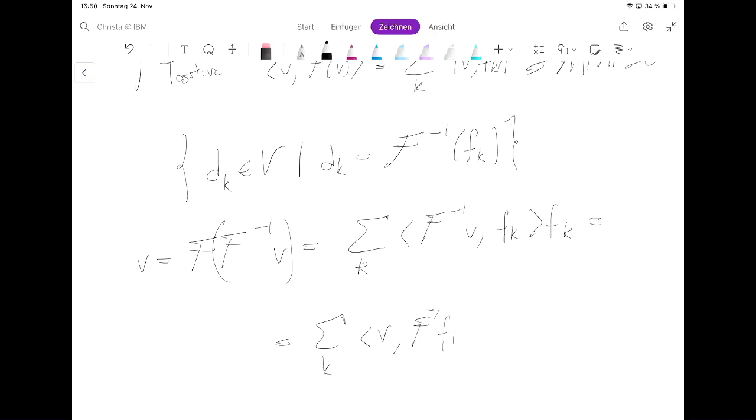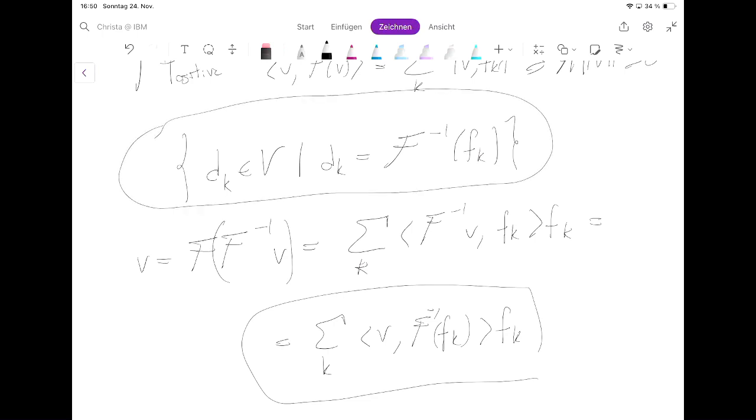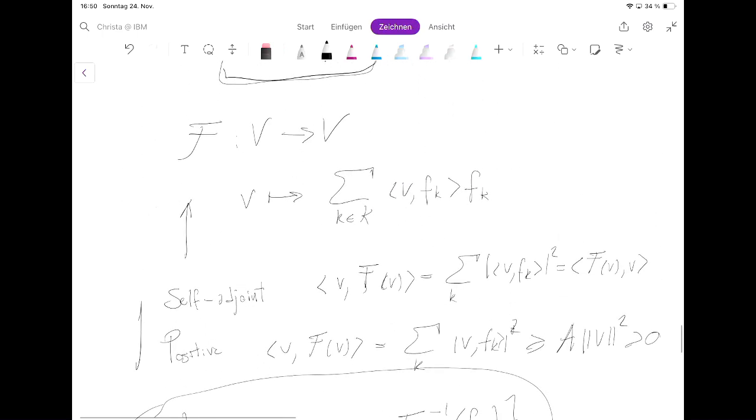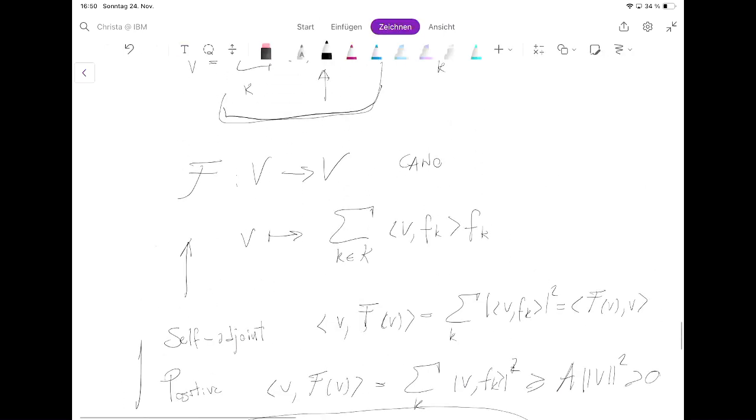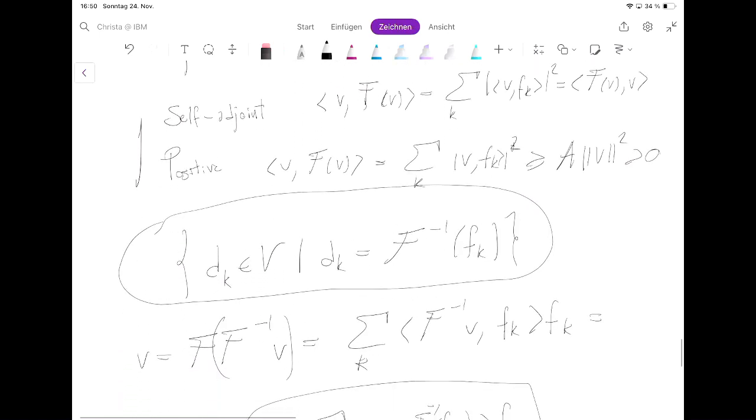And now you see that this is exactly the definition of a dual frame. This dual frame here, constructed from this operator F, is called the canonical frame operator. This dual set is called the canonical duals.